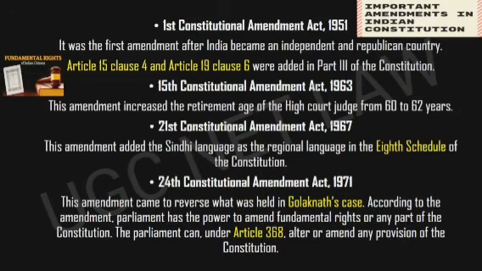Sometimes, if we refer to so many clauses and articles, it's difficult to understand. Article 15 clause 4 and Article 19 clause 6. How could you remember this? See, Article 15 and Article 19, the ones digits are 5 and 9, and clause 4 and clause 6.